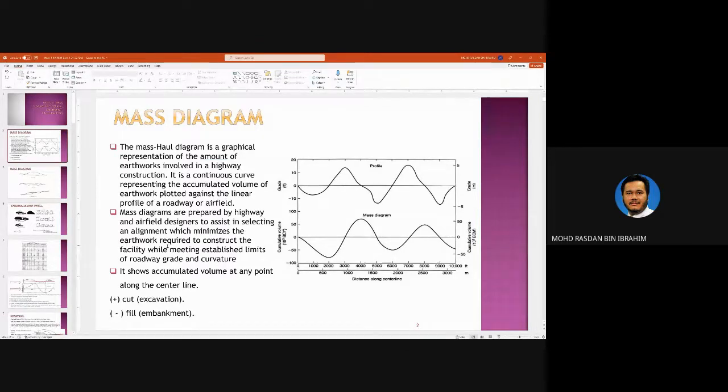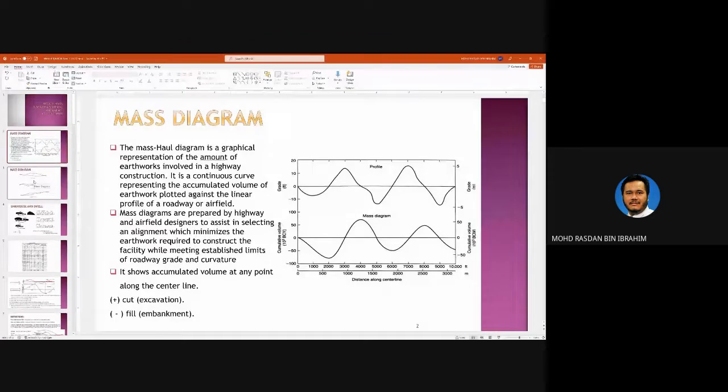Those cut and fill will be plotted on a diagram where the vertical axis is the amount of cut and fill, and the horizontal axis is your chainage. The positive side indicates excavation, and the negative side is the fill, which is the embankment.